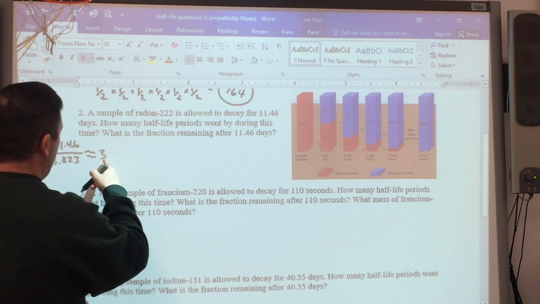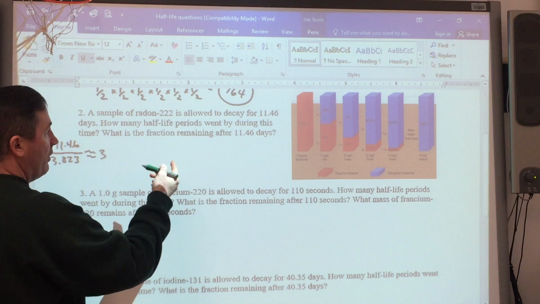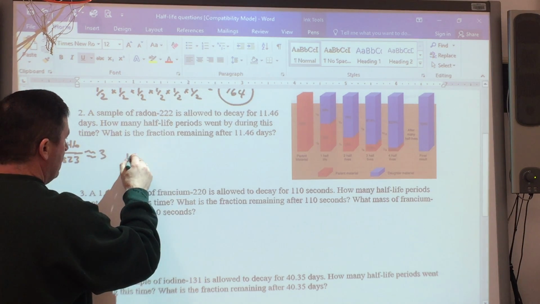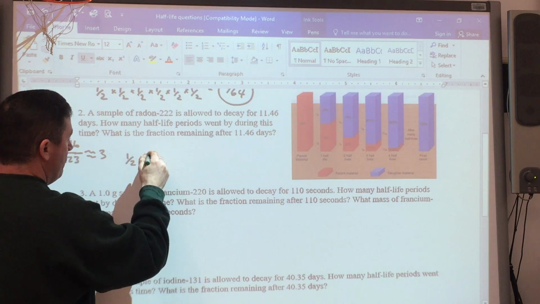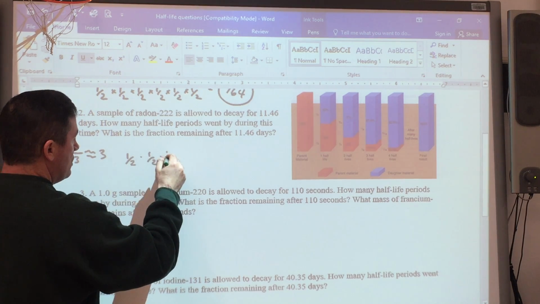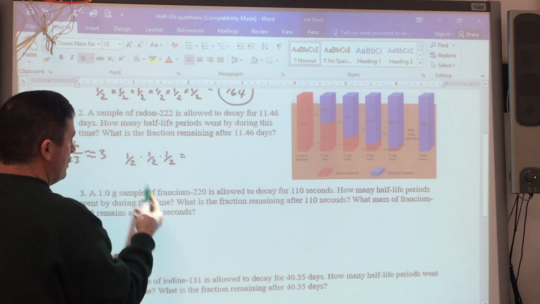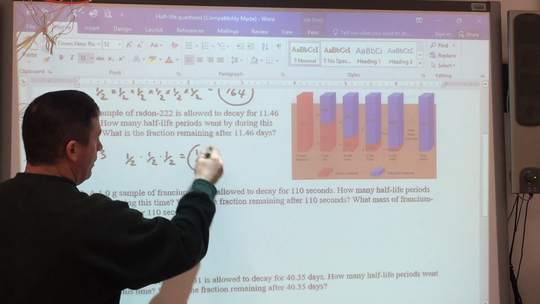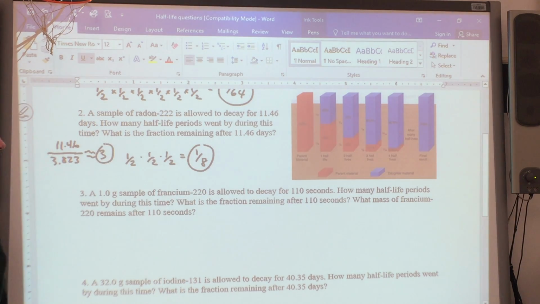So how many half-lives went by? 3. What is the fraction remaining after that many days? Same thing as that. 1 half-life, 2 half-lives, 3 half-lives. 2 times 2 is 4, times 2 is 8. So 1/8. Okay?